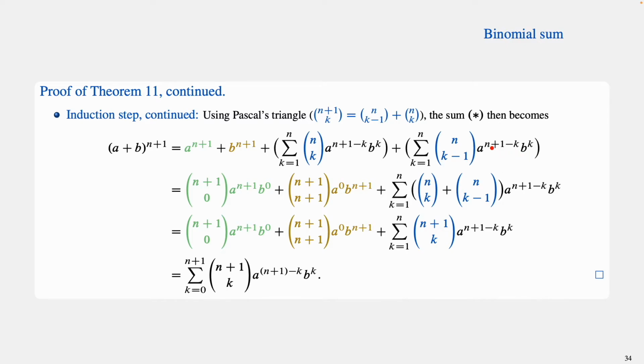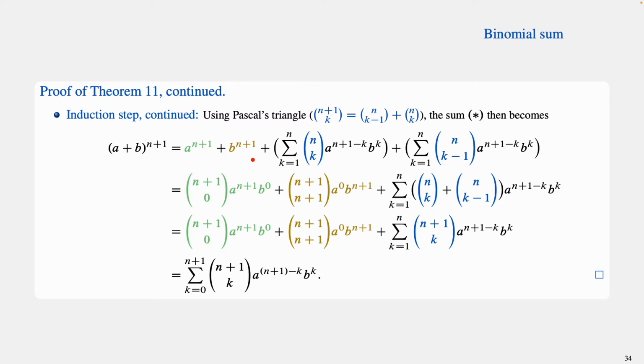So we can combine them together, and this becomes the sum from 1 to n of (n over k plus n over k minus 1) times a to the power of n plus 1 minus k times b to the power of k.